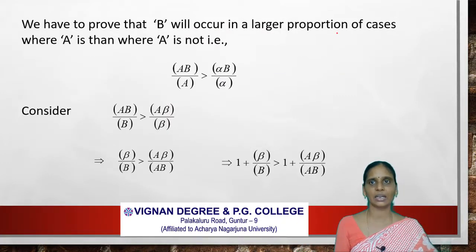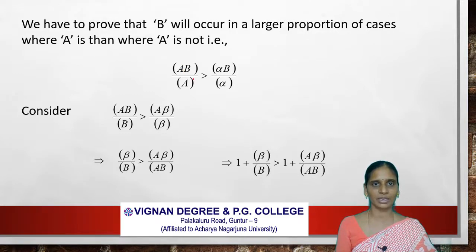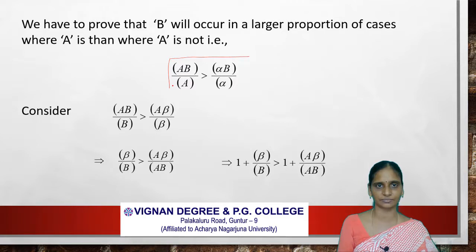B will occur in a larger proportion of the cases where A, that means frequency of AB divided by frequency of A, which is greater than where A is not, means frequency of alpha B divided by frequency of alpha. So we have to prove this relation.